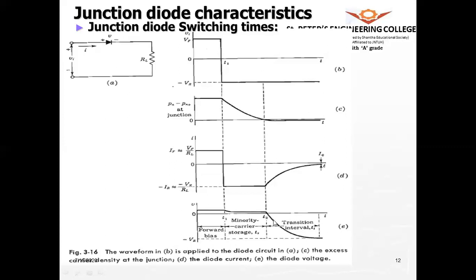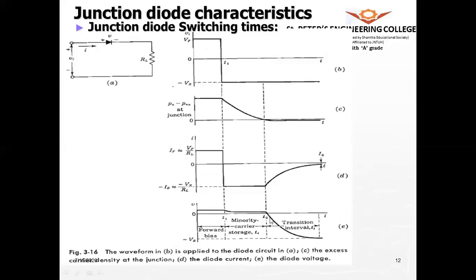We can divide this timing into three parts. 0 to T1 is the time for the forward bias, and T1 to T2 is the minority carrier storage time, which we call Ts.